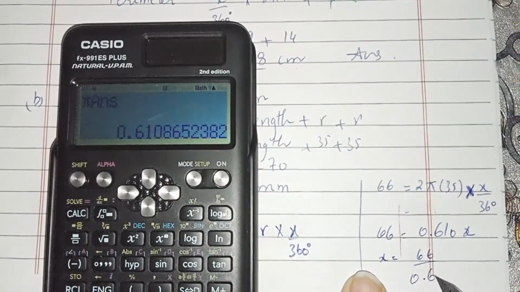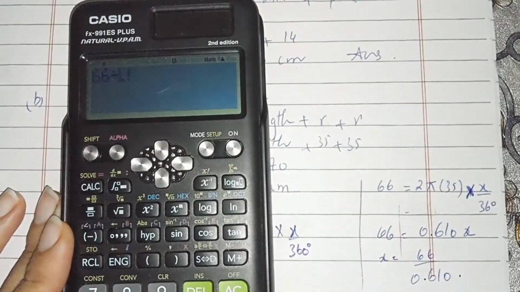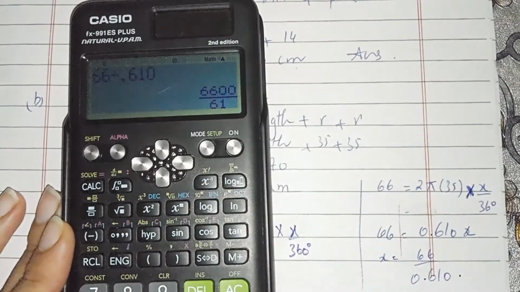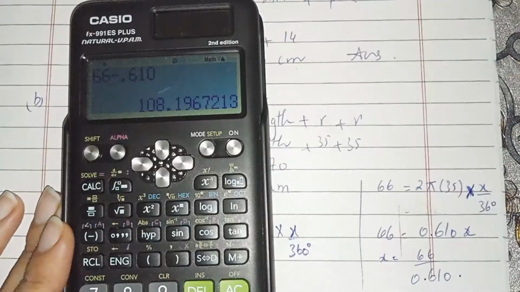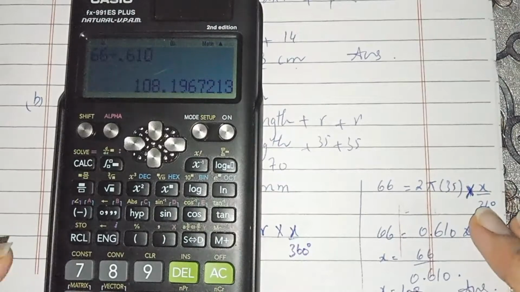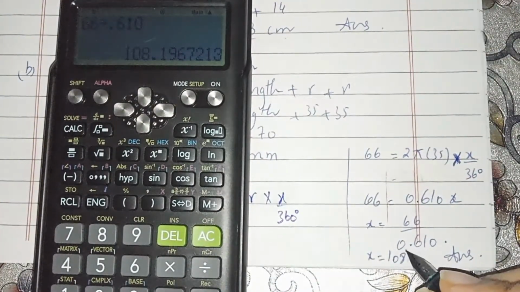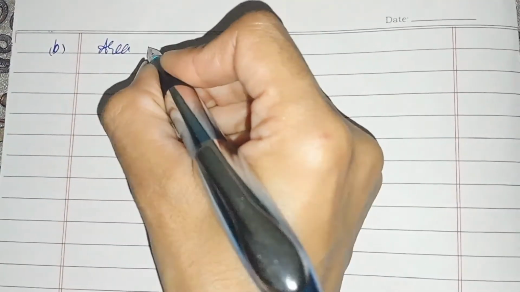66 divided by 0.610 and we get the answer 108.1. Now students, we get the answer 108 and this is in degrees. And B, area.